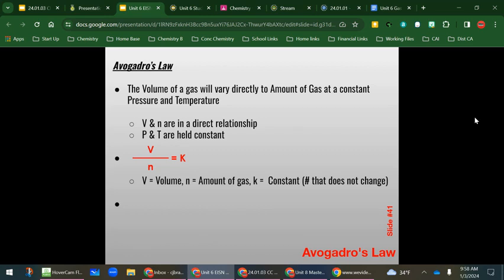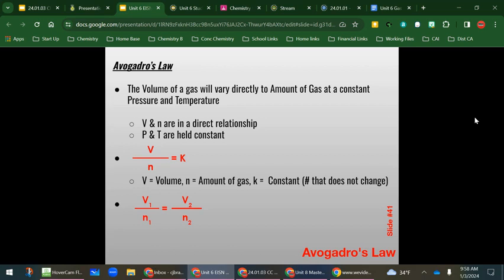What is the volume of 1 mole of a gas at STP? 22.4 liters divided by 1 mole equals 22.4. That's the constant. But it only works at STP. You change STP, that constant will change, but there will still be a constant. So guess what? V1 over N1 equals V2 over N2.